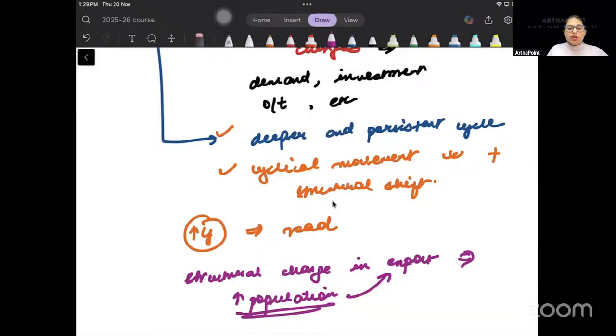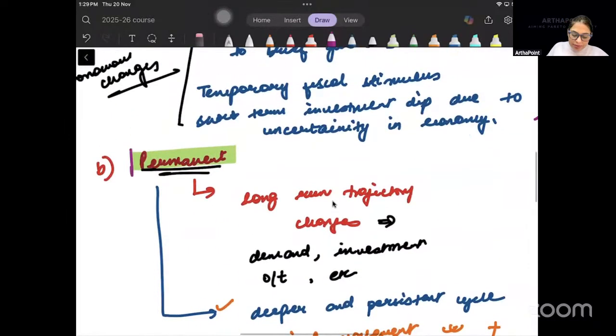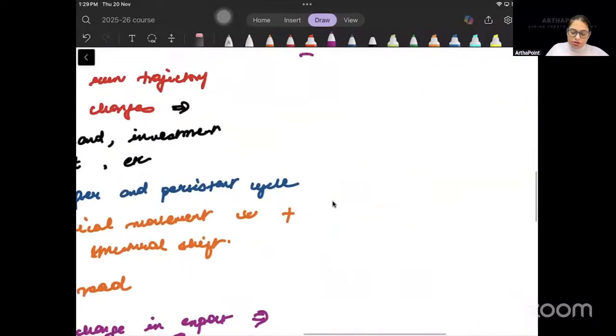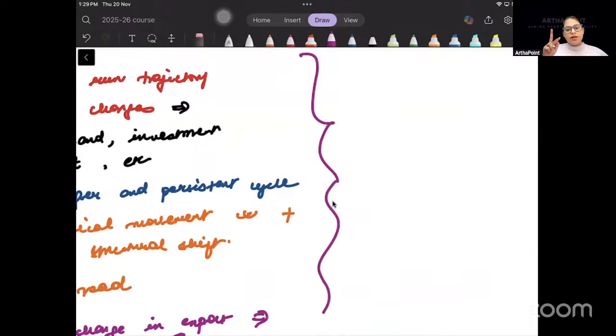Okay. So in this case, when we have a permanent shock, then your answer makes more sense, because here we have a double impact. We have a multiplier effect, but it is also followed by an accelerator effect.